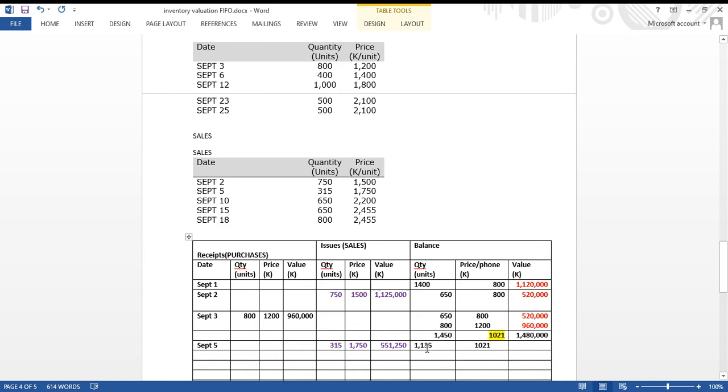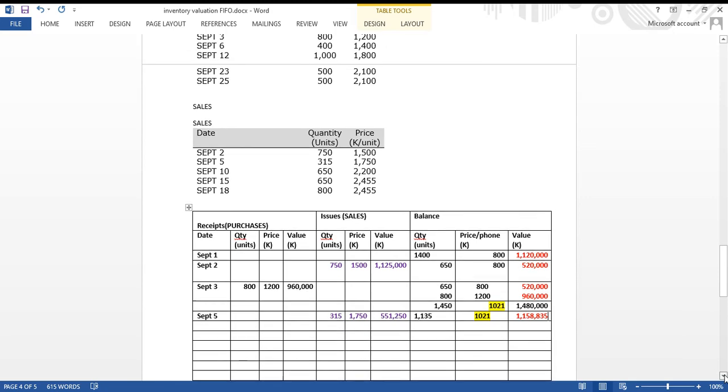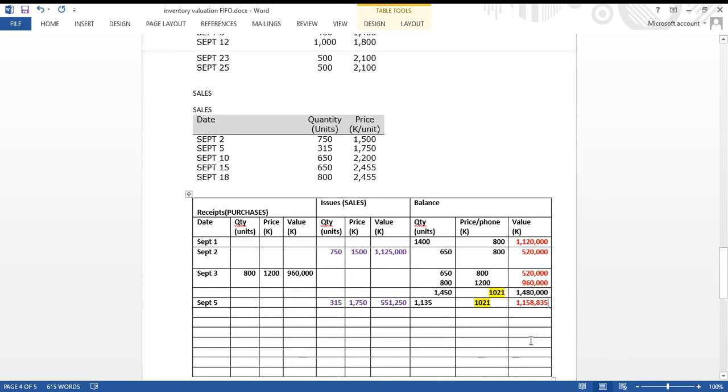So we multiply 1,135 times 1,021 and we get 1,158,835.